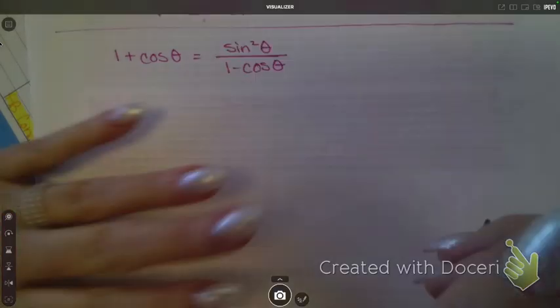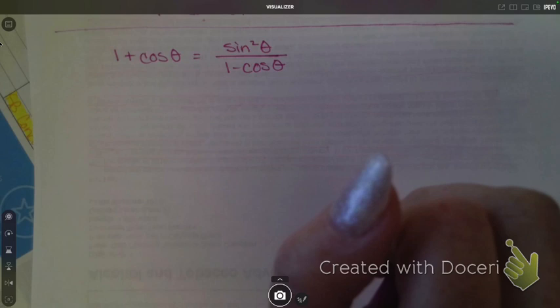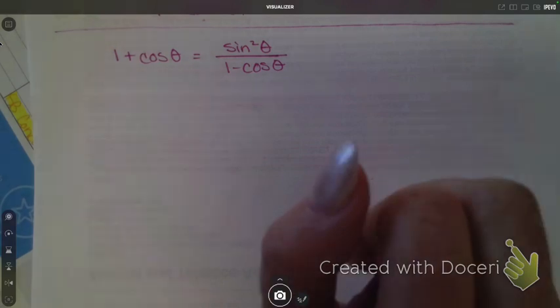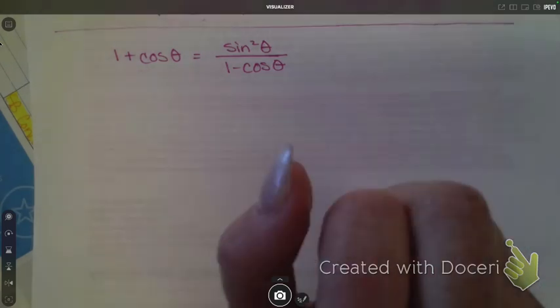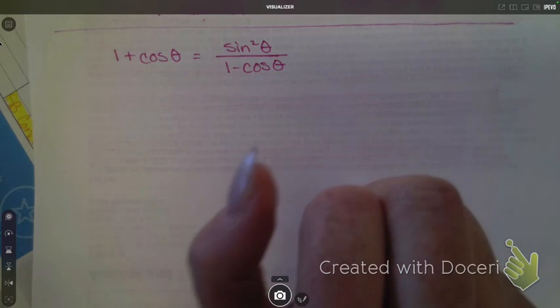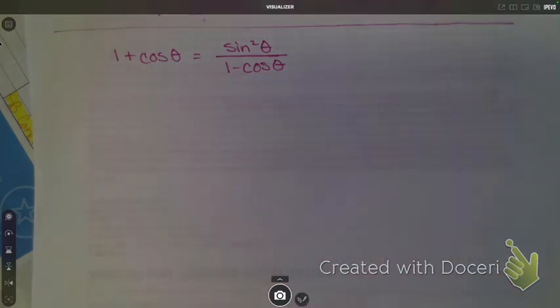I get caught up on trying to not use so many lines, but then my brain gets all squished. And if you can't tell the difference between one step and another step, your brain is going to be squishing things together and you're going to get all confused. So yes, I know we always like to conserve paper. It's the end of the year, but I have plenty of scratch paper you're more than welcome to use.